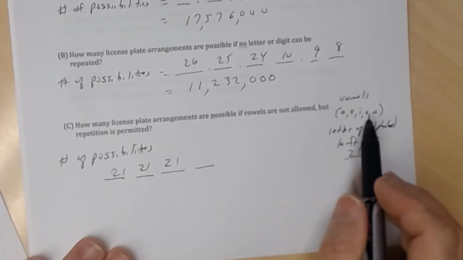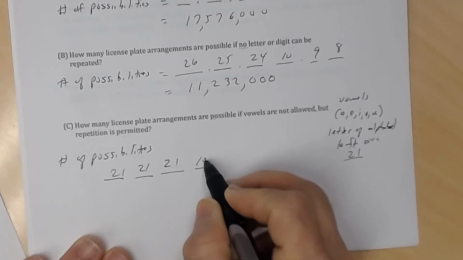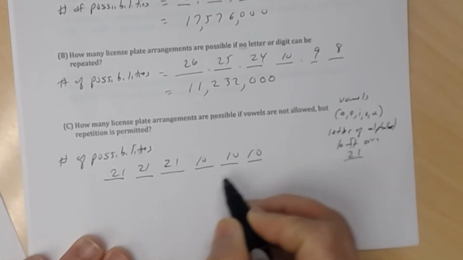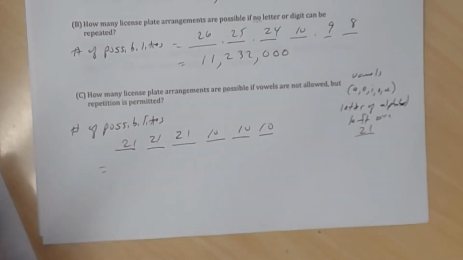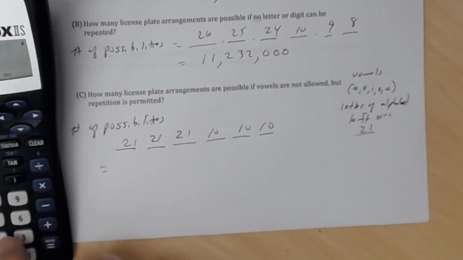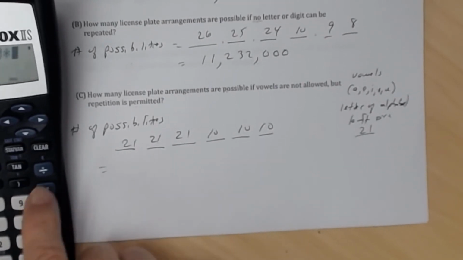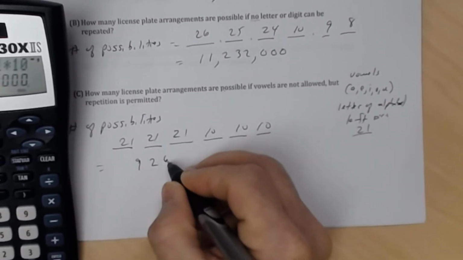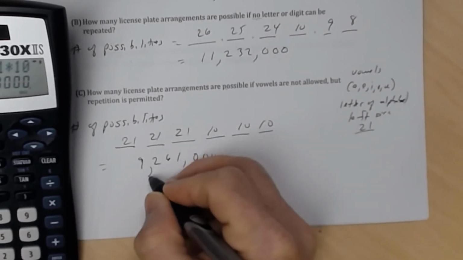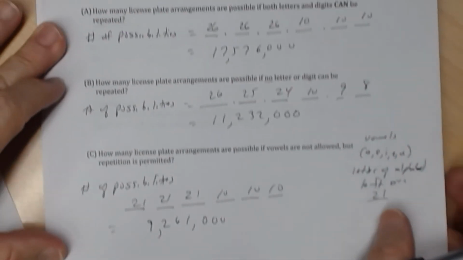Notice that it only had a restriction on the letters, so for the digits there are no restrictions. So there's 10, 10, 10. Using the fundamental counting principle, I'm going to multiply those together. So I get 21 times 21 times 21 times 10 times 10 times 10, and you get 9,261,000 possibilities.